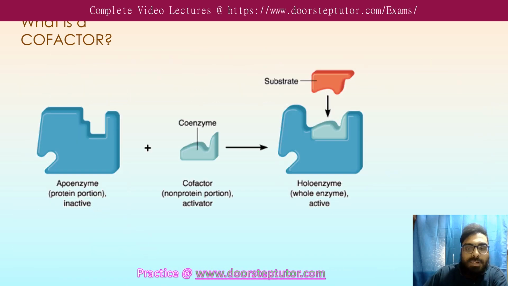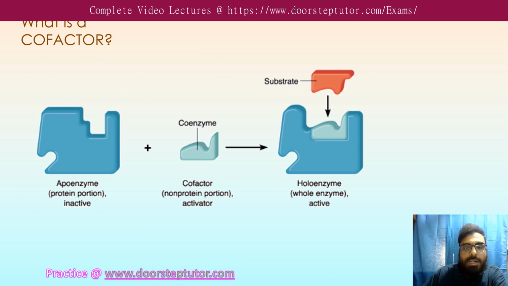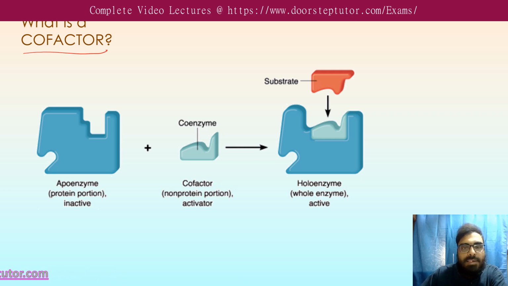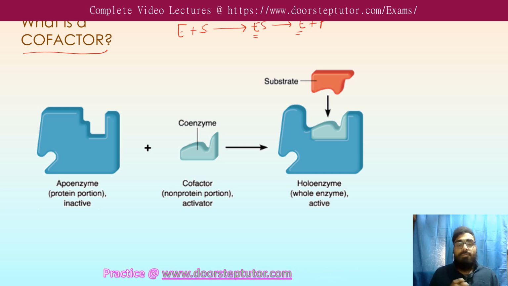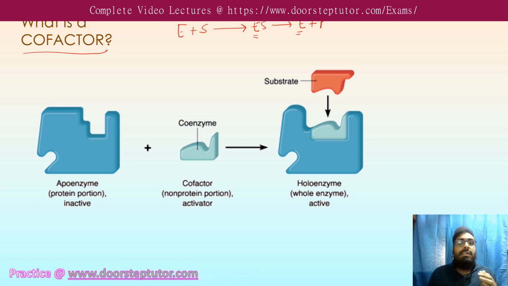First, let's start with a discussion of what is a cofactor. Now, if there is an enzyme catalyzing a reaction to give an enzyme substrate complex and then enzyme plus products, this enzyme is already performing a single function, that is, increasing the rate of the reaction.